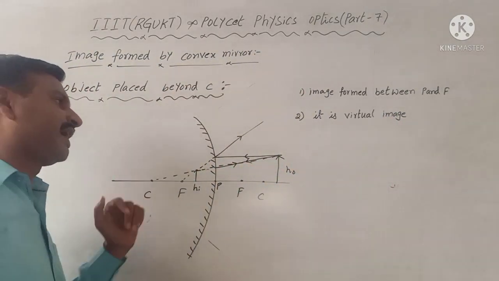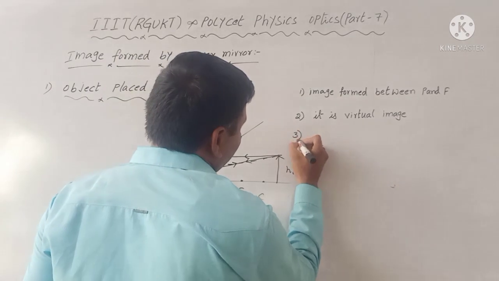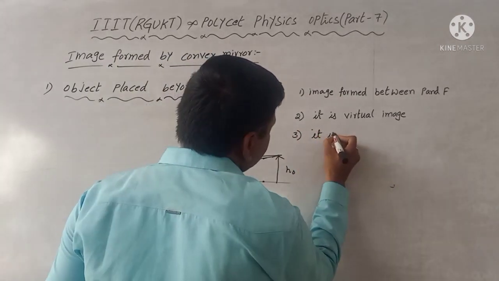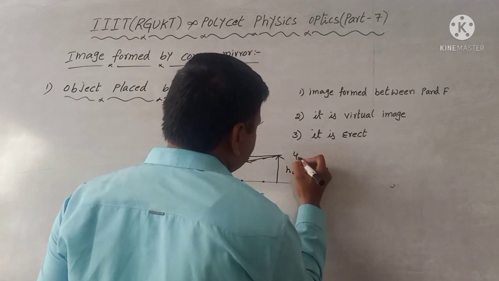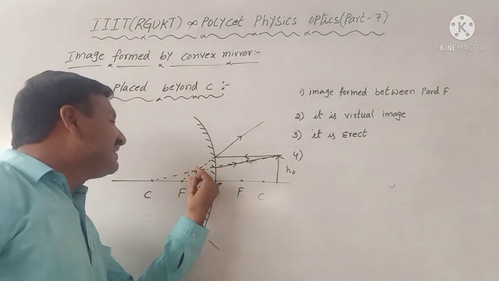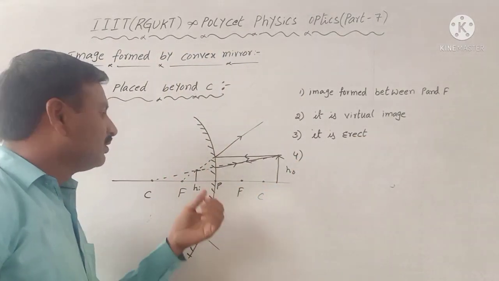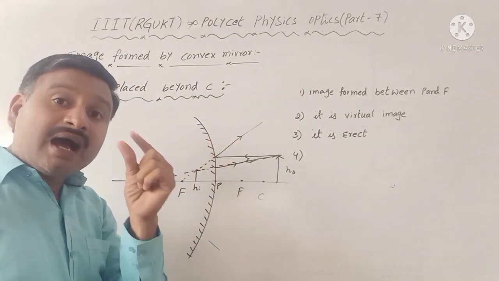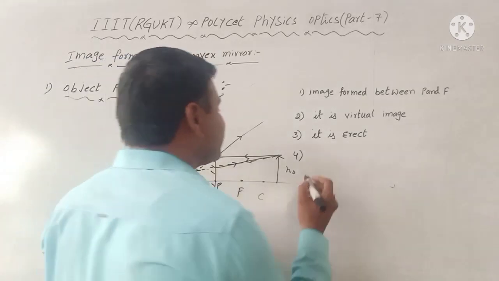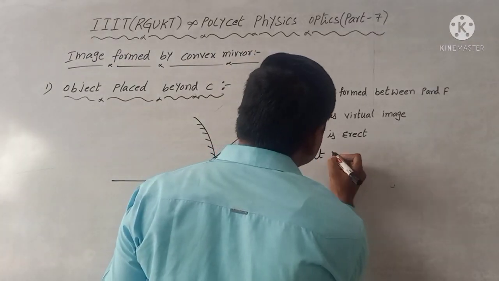Virtual means upright, and it is erect. And it is a diminished image. Before, at infinity distance, it is highly diminished, but it is diminished.